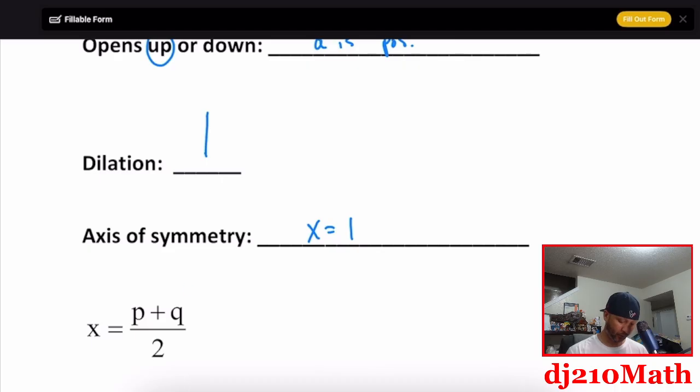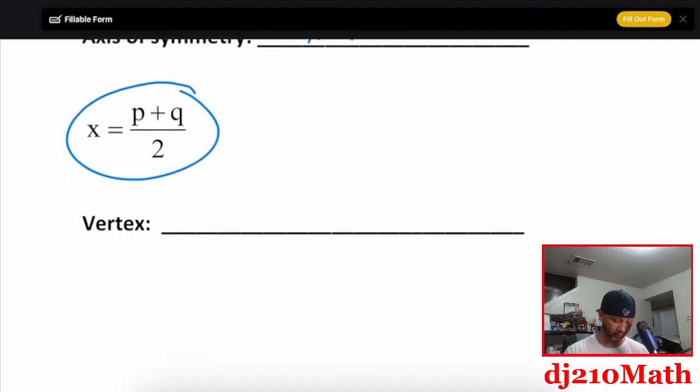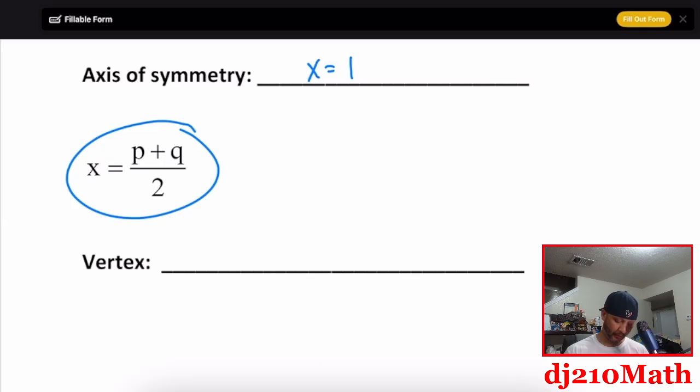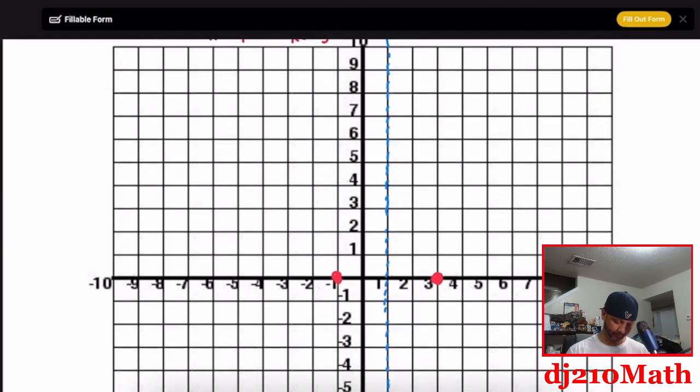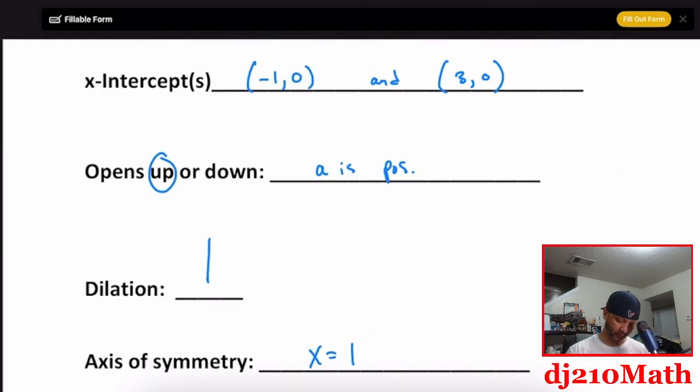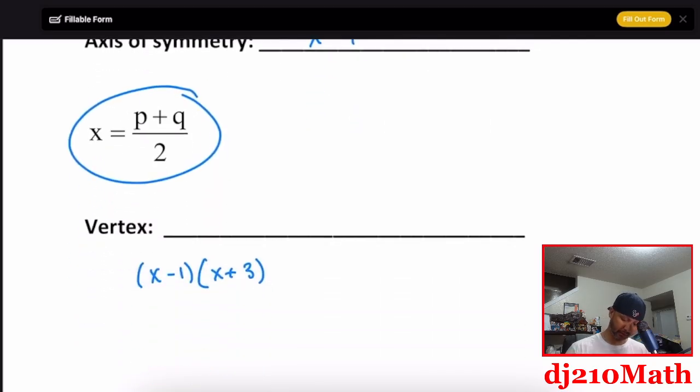Okay, here's the formula for finding the axis of symmetry if you wanted to use a formula. We didn't use a formula, we visually looked at the graph. So we're going to plug in x equals 1. So it was x minus 1, x plus 3. Ooh, that didn't sound right. X plus 1, x minus 3. It's because it's opposite.